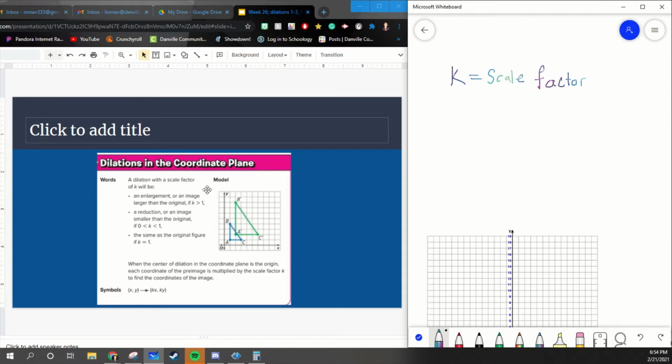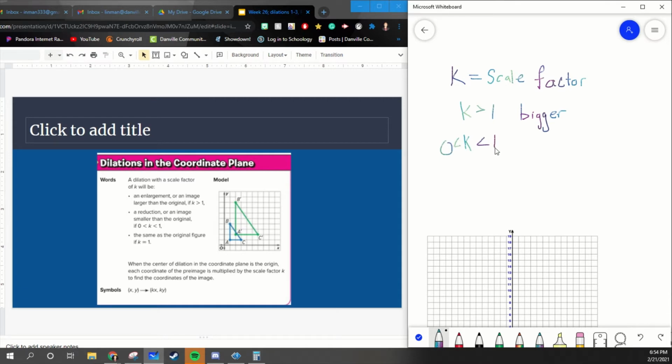An enlargement is any dilation where k is bigger than 1. If k is bigger than 1, then your object is going to increase in size. It's going to get bigger. But if k is less than 1, and k cannot be 0, because if we have a scale factor of 0, then our shape's going to disappear, so it has to be greater than 0.